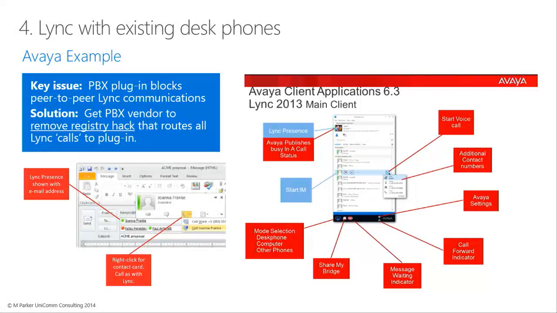And they'll see a drop-down menu whenever they click the call button. So it'll take them one extra click, but they'll still have Lync peer-to-peer. And Avaya won't have hijacked that. Okay? Which means that'll work for federation and other things. Because if you leave the Avaya hack in there, then your peer-to-peer federation communications won't work. Right? But it's possible to do.